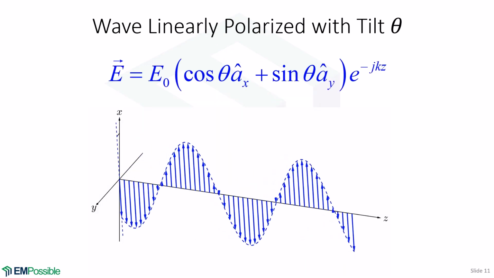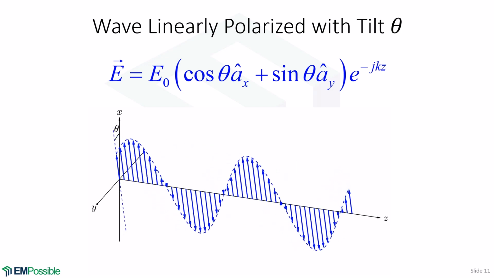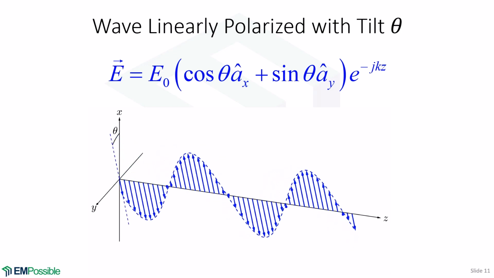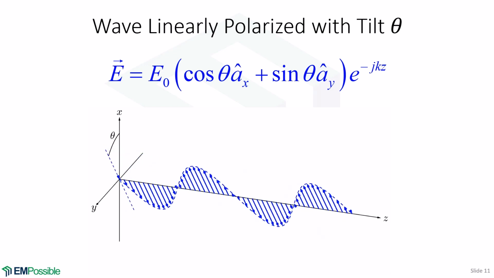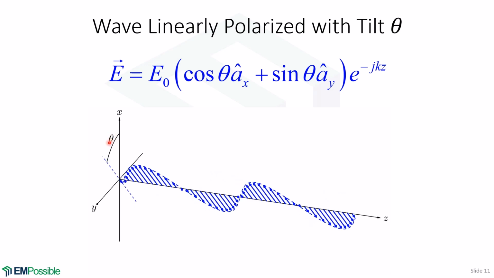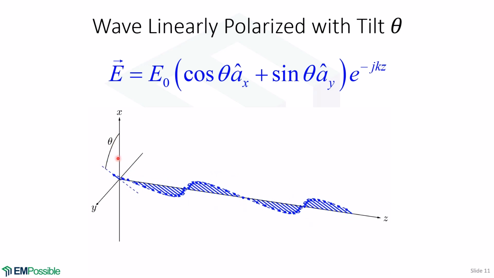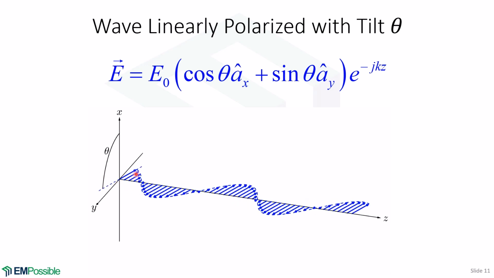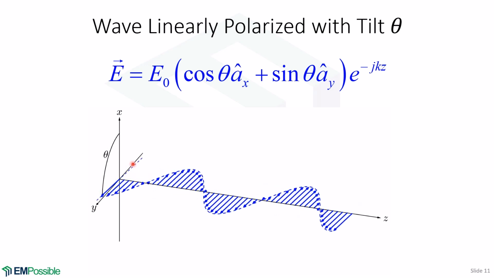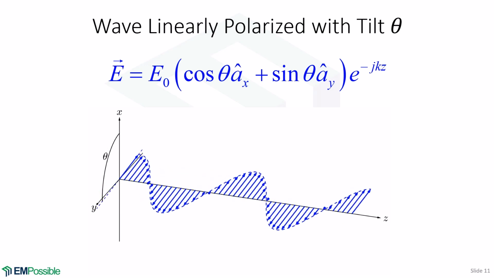To fully generalize this for a wave traveling in the positive z direction, we can have an infinite number of different types of linear polarization. And so we can explain that by giving it a tilt by this angle theta. So any electric field that's oscillating along a line, and it doesn't have to be along the x or y axis, anything oscillating along a line is considered a linear polarization.